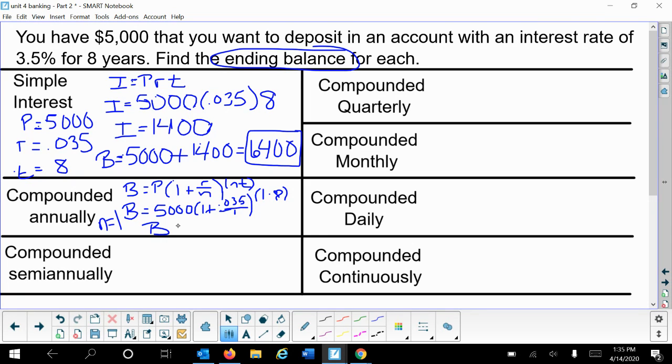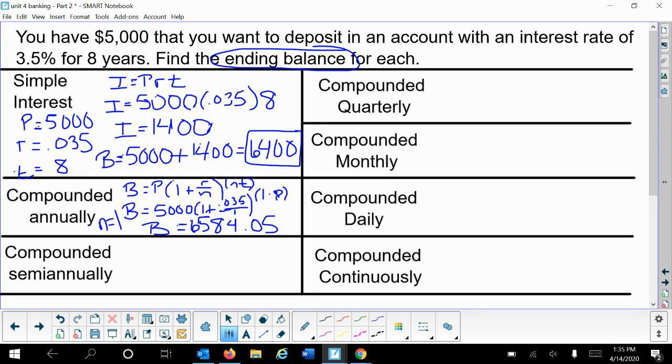And so when I type that in, my compound interest formula is nice enough that it actually gives me the ending balance. And so I get an ending balance of 6,584.05, rounded to the nearest cent. And so that's going to be my ending balance there.